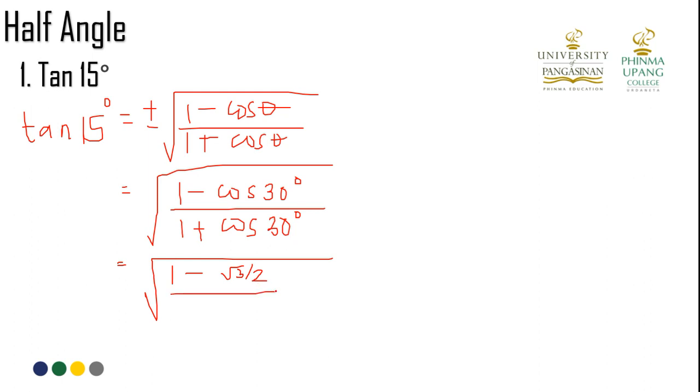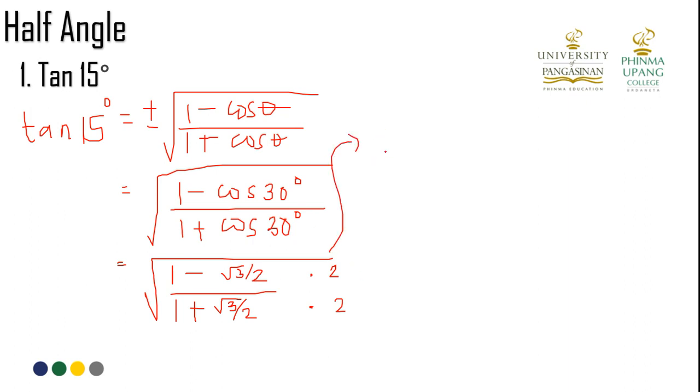Then same process, 1 plus, same answer din yan kasi cos 30 is square root of 3 all over 2. Ngayon, kapag ganyan yung format, to eliminate the fraction here, you need to multiply by 2, both numerator and denominator.